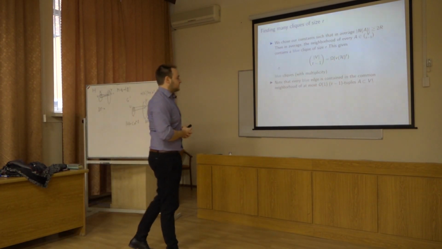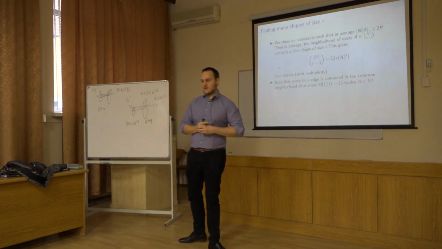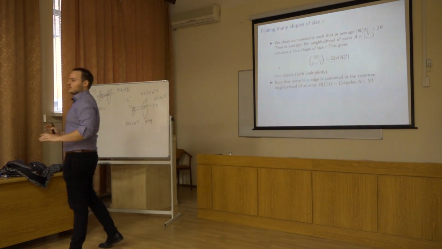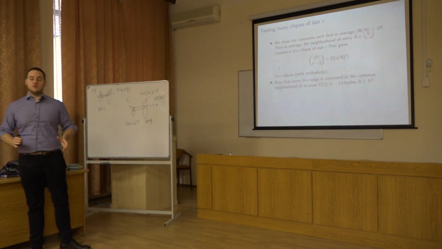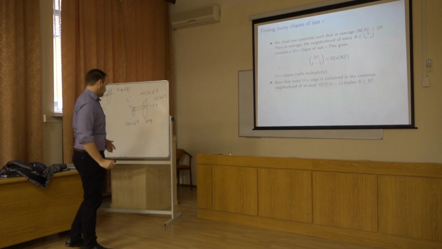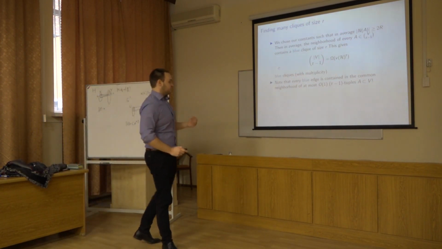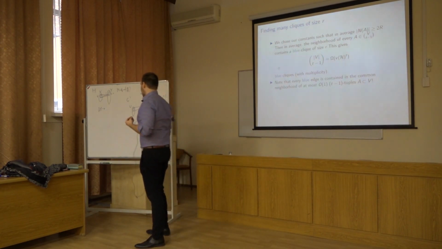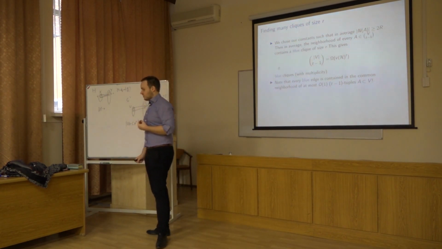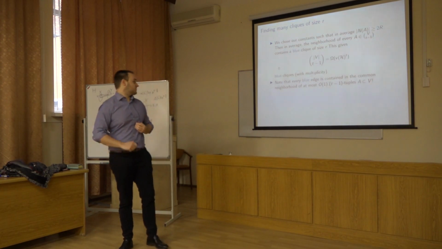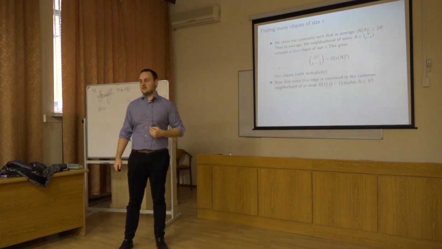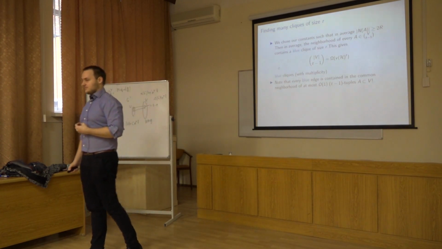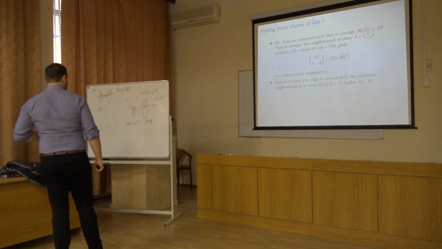But also notice one more thing. I claim that there cannot be too much overlap between the blue cliques. In particular, any hyperedge in this hypergraph H can be contained in at most a constant number of the neighborhoods of these t minus 1 tuples. Why is this true?